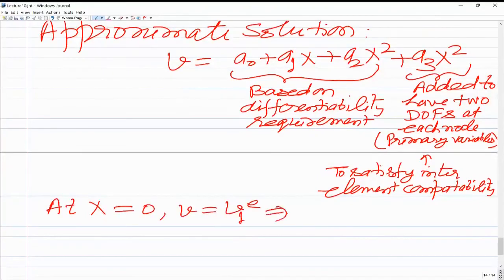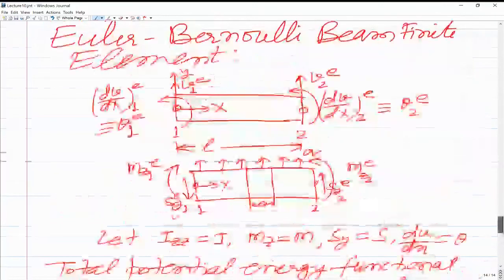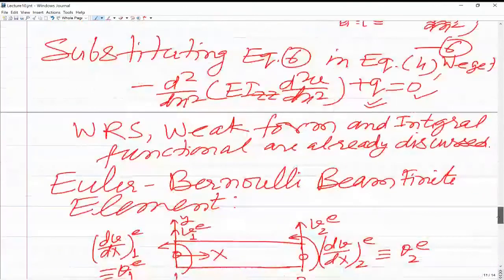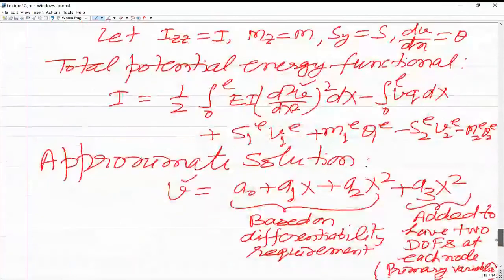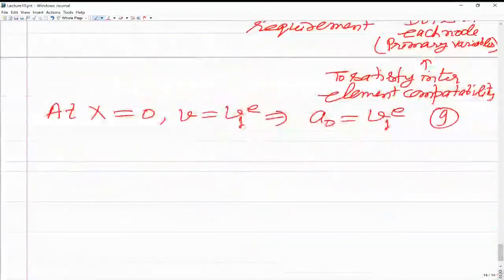So if we put capital X equal to 0 on the right hand side, we will get simply A naught is equal to V1E. You can number this equation. The last number we have is 6, so let us call this 7, this equation 8, and this equation 9.